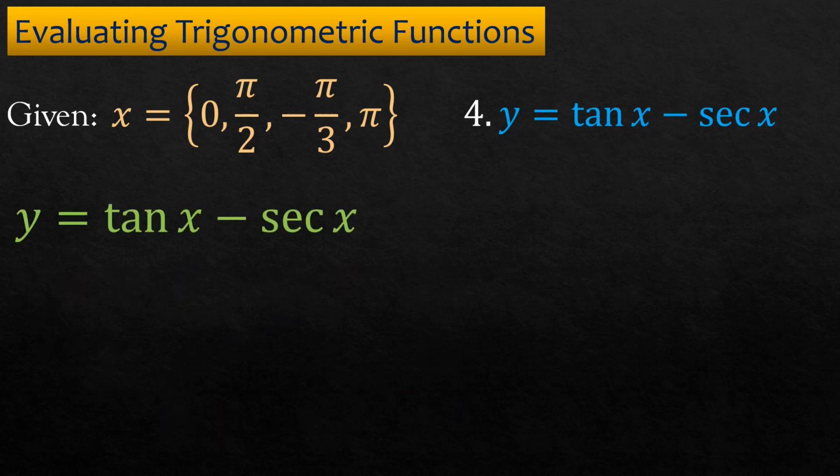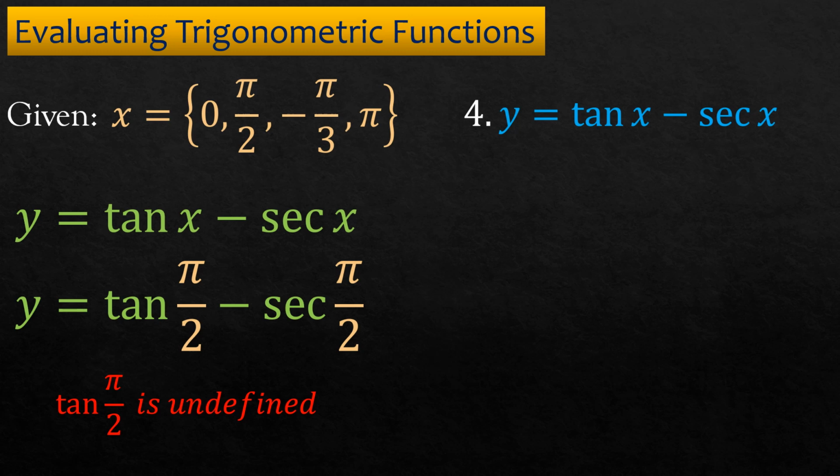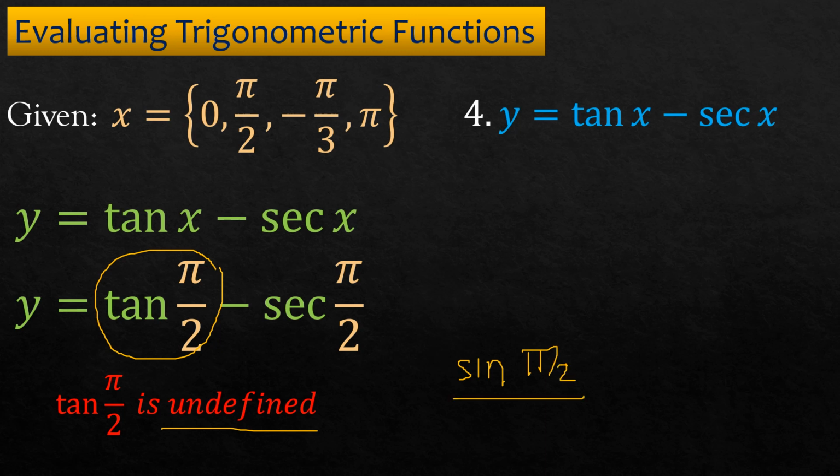But when x is equal to pi over 2, you notice that tangent pi over 2 will give you undefined. What is the reason? Tangent pi over 2 is also equal to sine pi over 2 over cosine pi over 2. And because sine pi over 2 is 1 and cosine pi over 2 is 0, it is undefined.